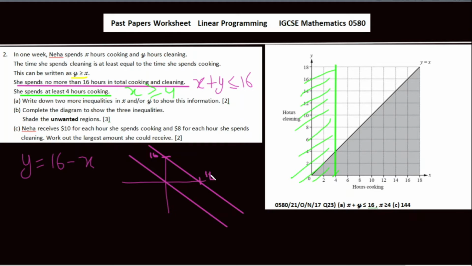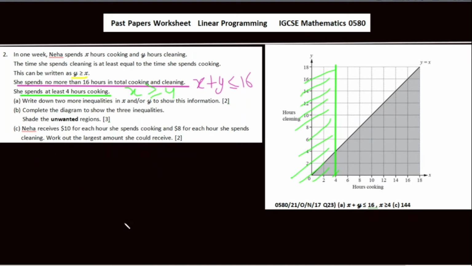So I'll make a line here joining 16 and 16, and since it's a negative slope, that's why it's a falling line. Let me clear this and draw a proper line joining 16 and 16. Now it says less than or equal to 16. That means the required region is below this line, which means I discard the region above this line.